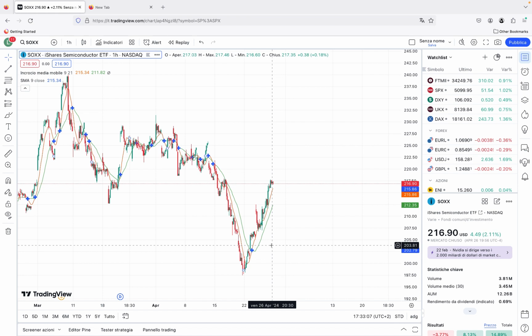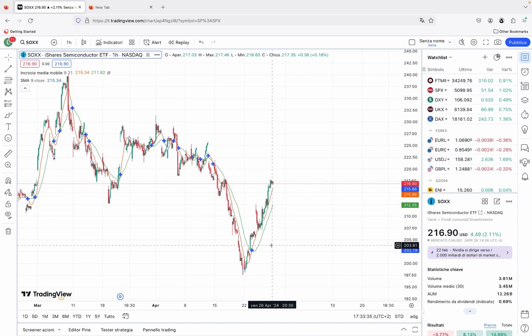Sideways is defined as when the price moves within a relatively narrow range, indicating indecision or equilibrium between buyers and sellers.